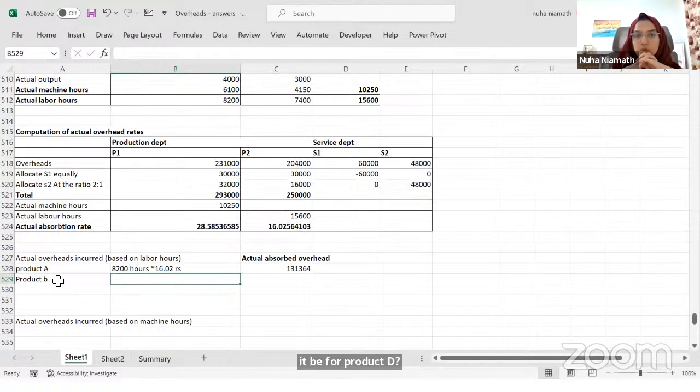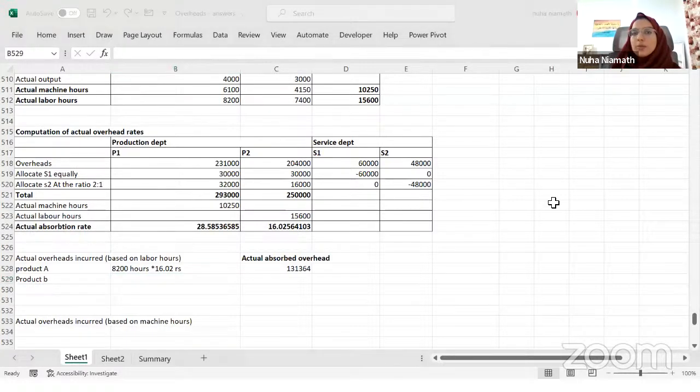Based on labor hours, what will be the actual absorbed overhead? Is everybody following so far? Any questions, any doubts?